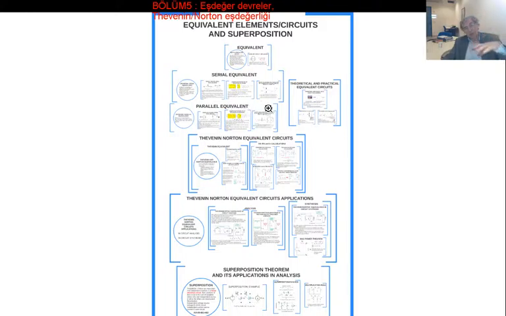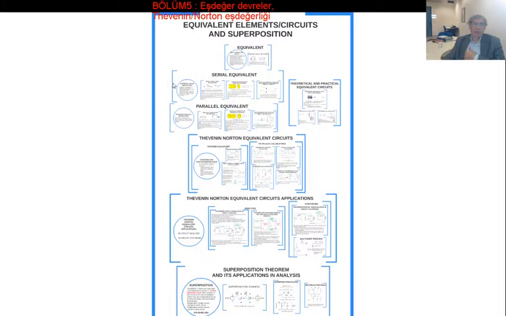And we're going to explain how we use this equivalent concept in comparing the practical elements and theoretical elements. And a completely new equivalent concept, which is named the Thevenin-Norton equivalent circuit, we will be using in the analysis, and the application of these Thevenin equivalent circuits, and the last one is the superposition theorem.